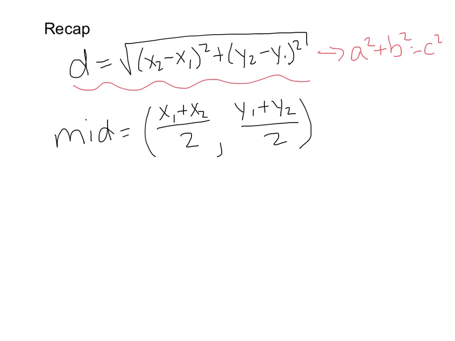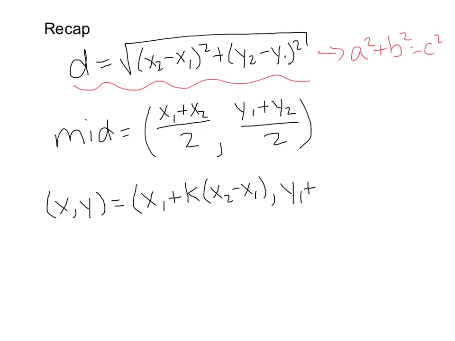Also, we can find other fractional distances, and if we wanted to find the coordinates of other fractional distances, we would use the formula, the first x plus a fractional distance and the first y plus the fractional distance. And that's what we did on the last few examples. We looked at finding a fraction of that distance.